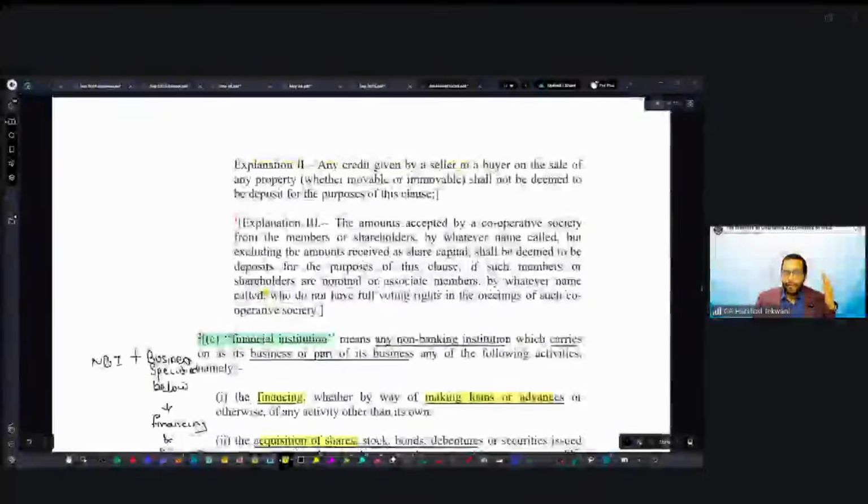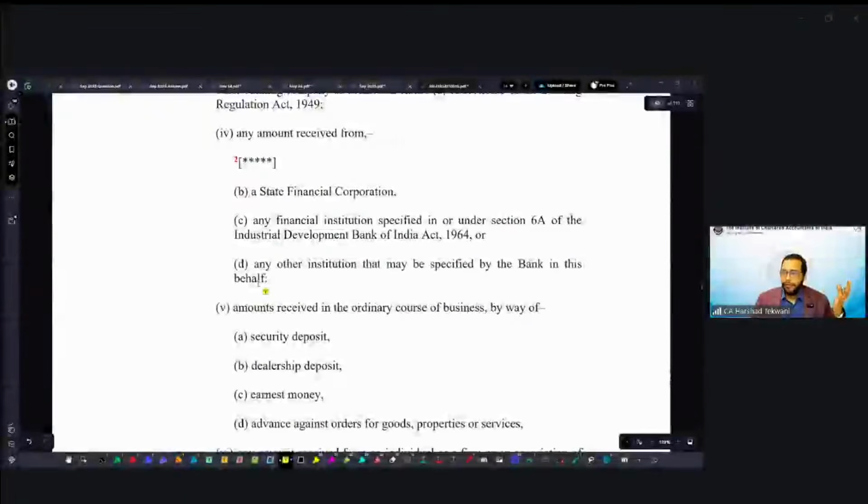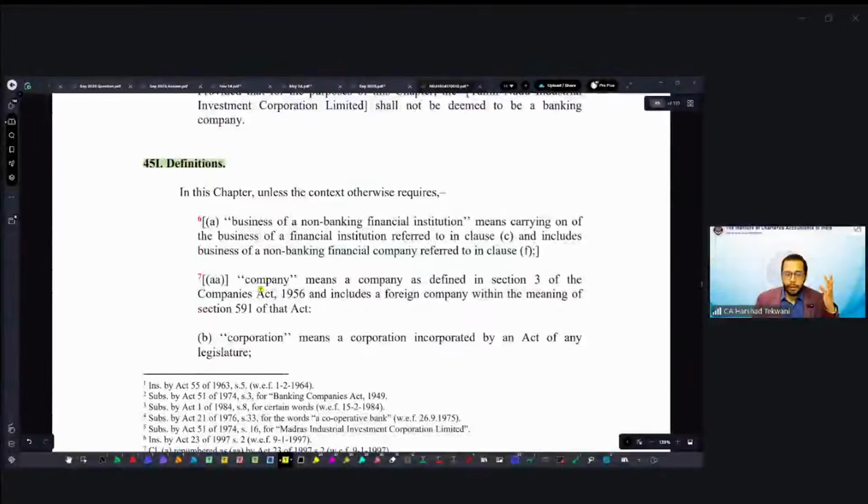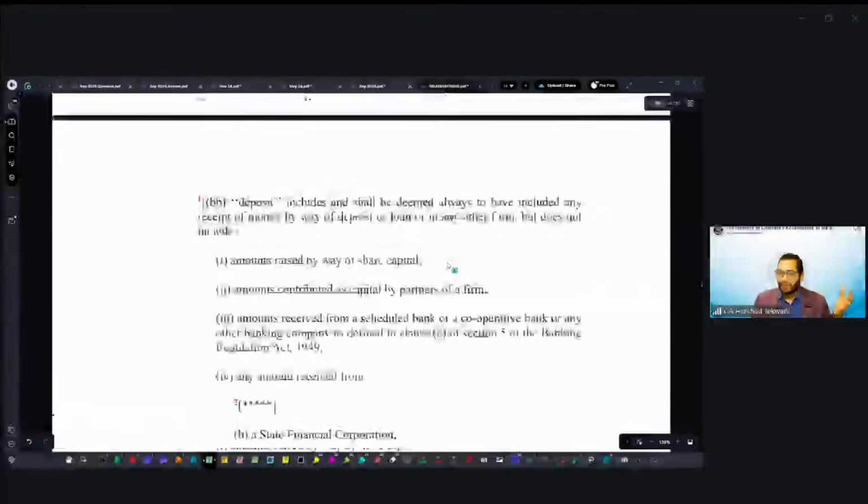And that's where 45-I subsection A comes into the picture. A business of an NBFI. That is, if you do anything which is there either in clause C or F. C is a financial institution and F is an NBFC, you are doing the business of an NBFI.